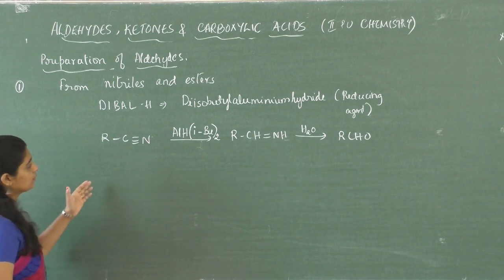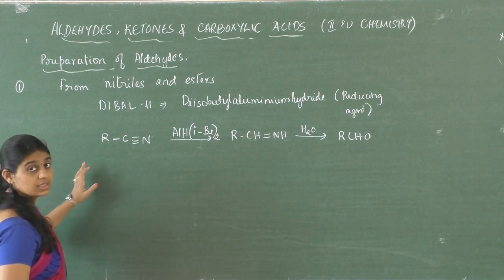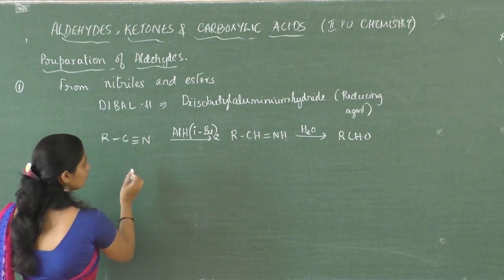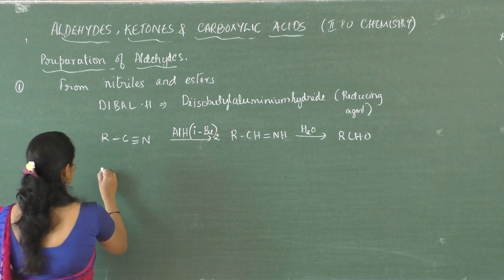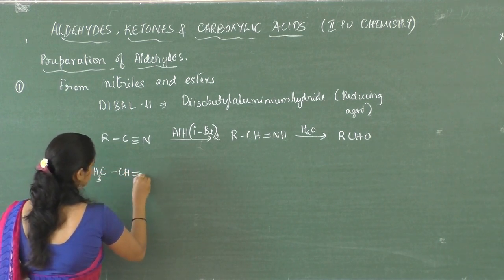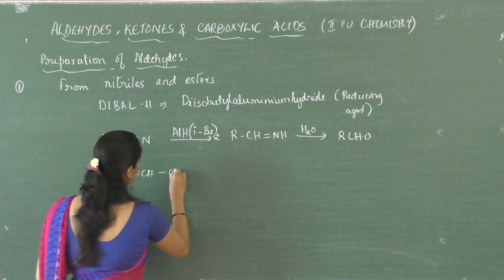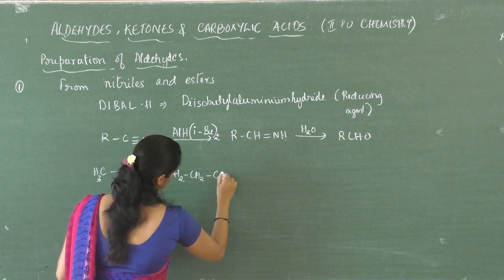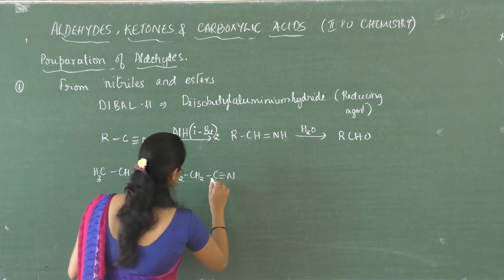So in the beginning I told you about controlled reduction, that is, if I take this example, in this kind of nitrile.